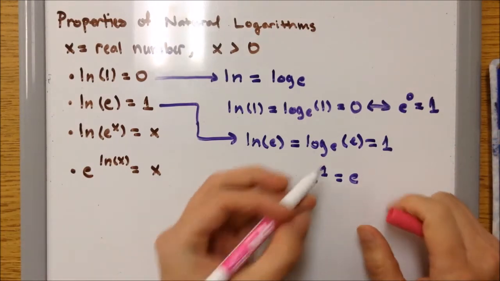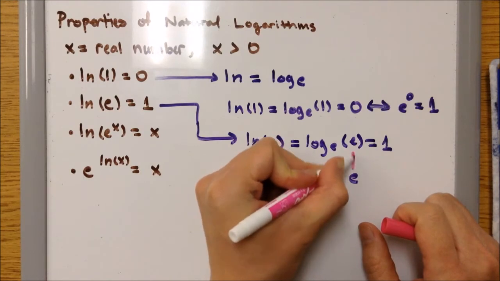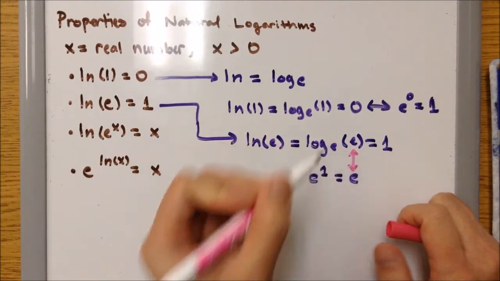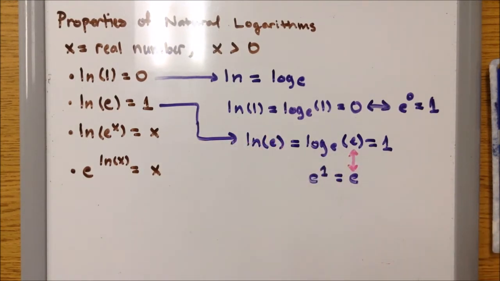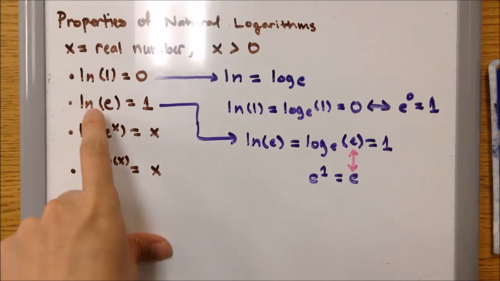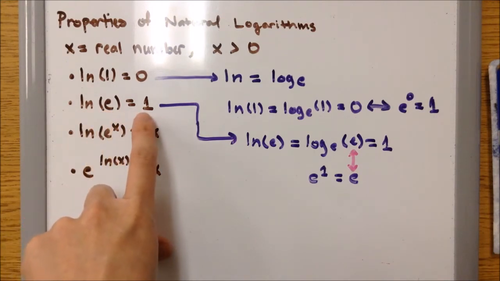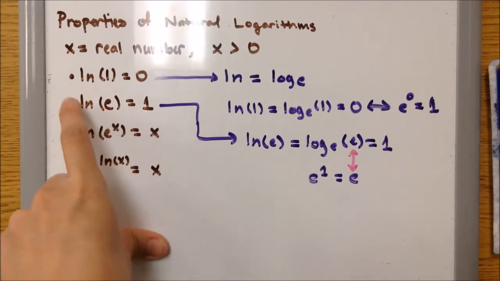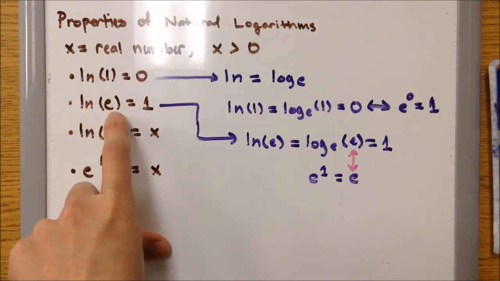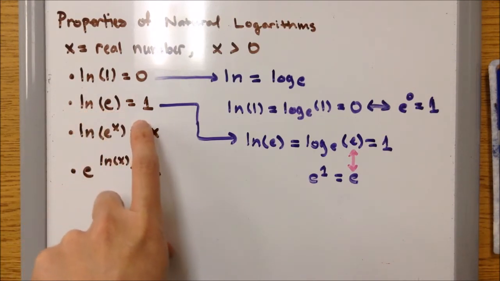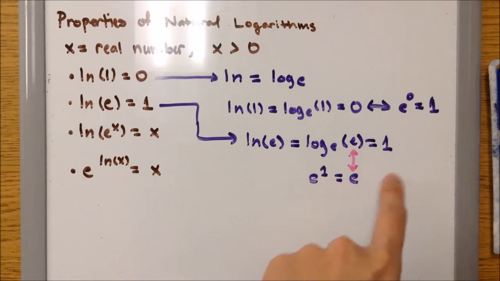This e is from that e right there. So whenever you have ln of e, it's just simply equal to 1. That's why. When you have ln next to e, it always equals 1. And then here I just prove why it is true.